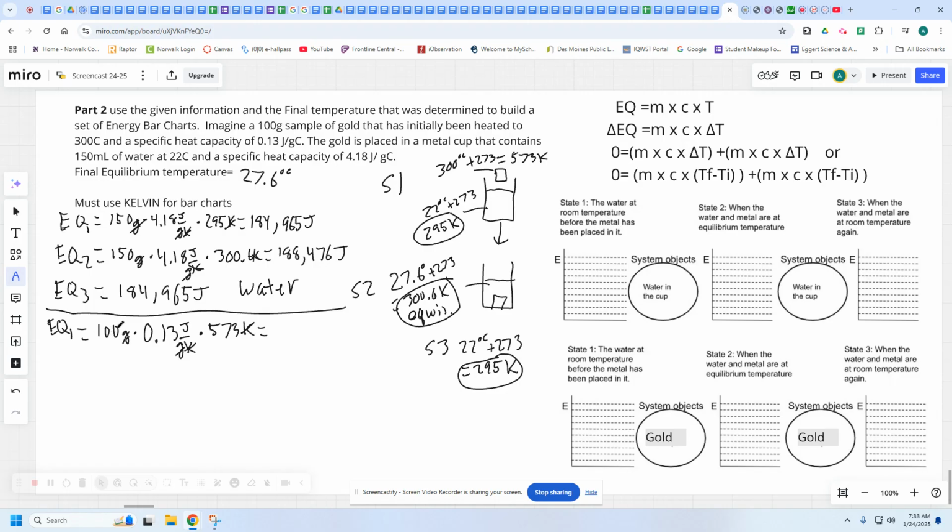If you and I carefully multiply across the top, 100 times 0.13 times 573, you should be looking at 7,449 joules. Now, you might already notice that the water's initial state, even when it's cooler, has 184,000 some joules. This only has 7,000 joules because the specific heat is so different from the water.